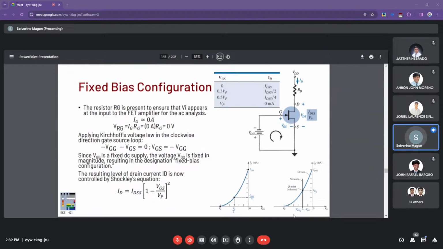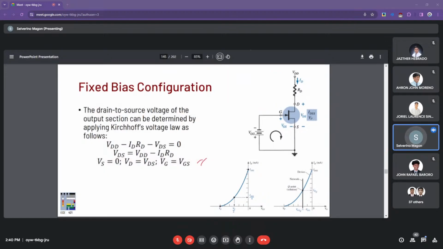At that point, you can plot the load line to perform your analysis by analyzing the intersections at which the load line and the applied voltages and resulting drain currents are related. So here's an example of an analysis in the output loop. Now the drain to source voltage of the output can be determined using KVL.